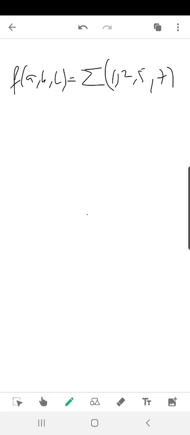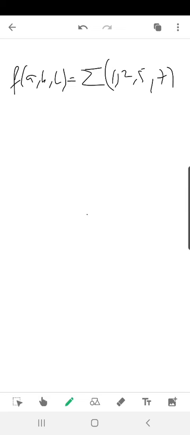Now if the function is given like this, first of all we will convert it to our POS form. How to convert the given function to POS form? Just check if the function is convertible to POS form.